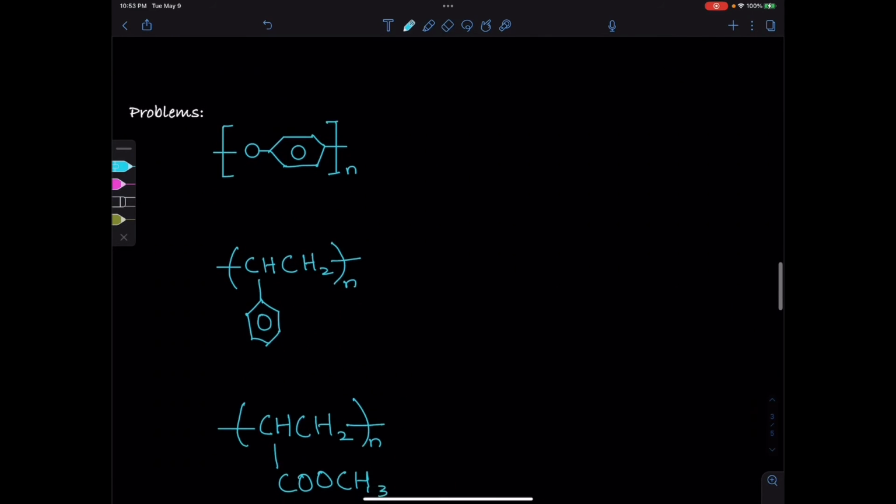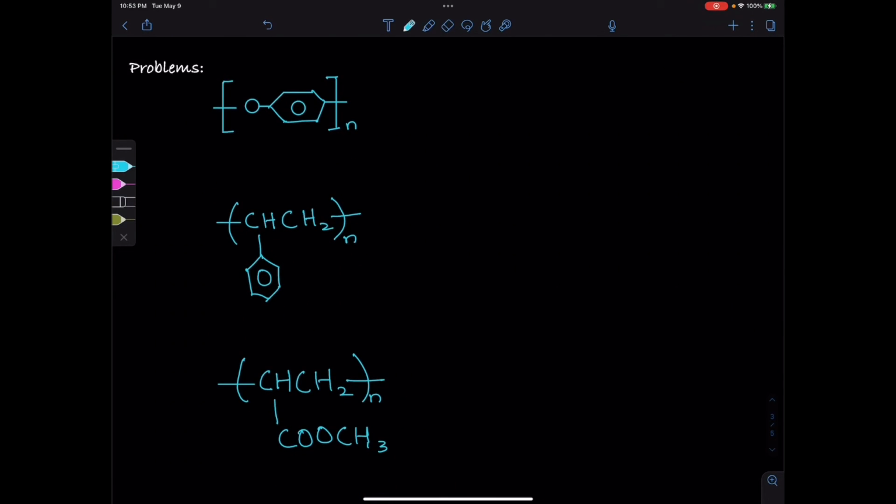Now let's try some simple problems. What would this be? The first one. We have to write poly, so we write that, followed by, does the oxygen atom go first or the phenyl benzene ring goes first?